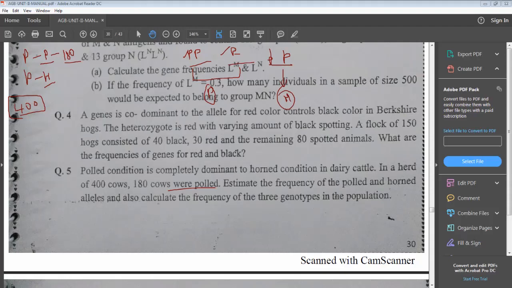So if we have 180 poled cows, these two groups collectively make 180, and this group will make the rest of the animals. So horned animals, we have 220. Out of 400, 180 are the poled ones and the rest are the horned ones.